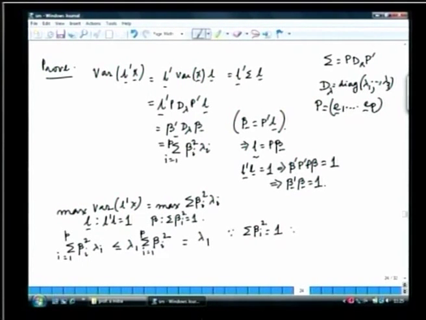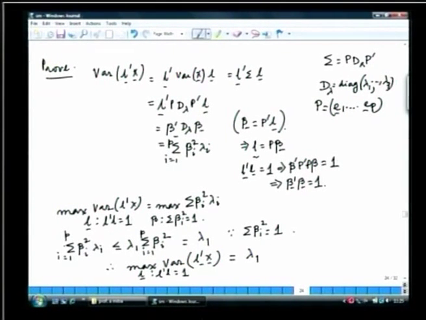So, I have achieved that the maximum of variance of L prime x, maximum over L such that L prime L is equal to 1, is nothing but lambda 1, because I have shown that this variance of L prime x is nothing but this summation beta i squared lambda i, and the condition is nothing but summation beta i squared equal to 1.